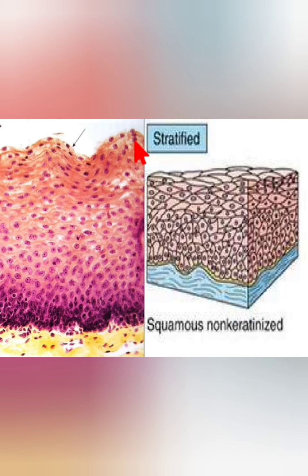This epithelium is present in the oral cavity, oropharynx, laryngopharynx, esophagus, vagina, tonsil, vocal fold and cornea. And it protects the underlying structures. It acts as a barrier against pathogenic organisms.